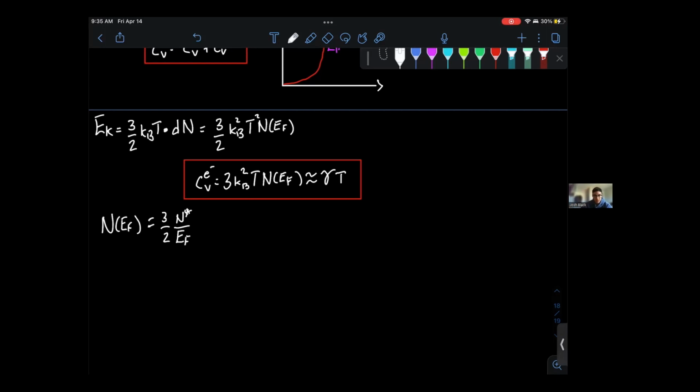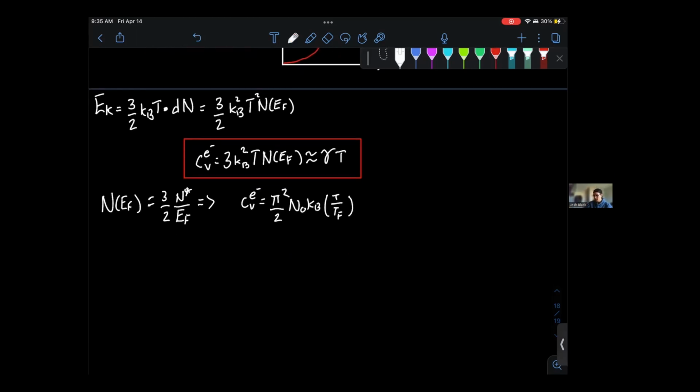If we then plug this into our density of states equation and use our Pauli exclusion principle, we get this is also equal to pi squared over 2 times Avogadro's number times Boltzmann constant T over the Fermi temperature. Now, this isn't as important as the first equation. This is more so because it was derived in the notes, so it might be important to us. I think this is the most important equation here.